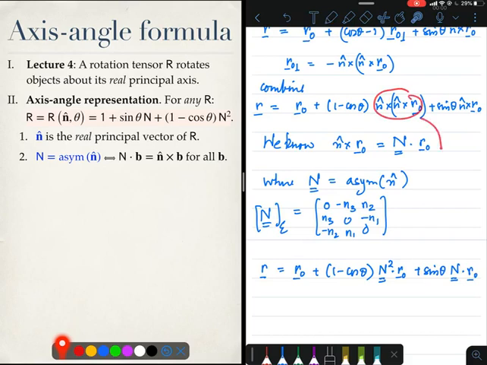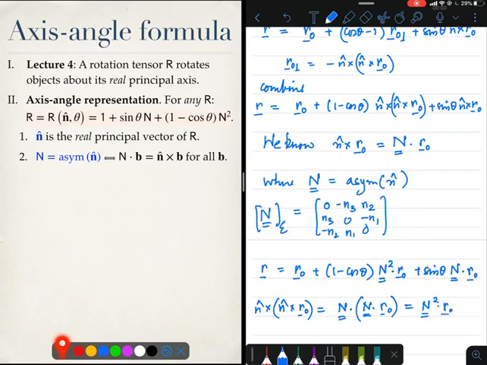Okay, do you see how this becomes this? It's very simple. n cross r0 is n dot r0, and n cross this is equal to n dot this, which is equal to n square r0.